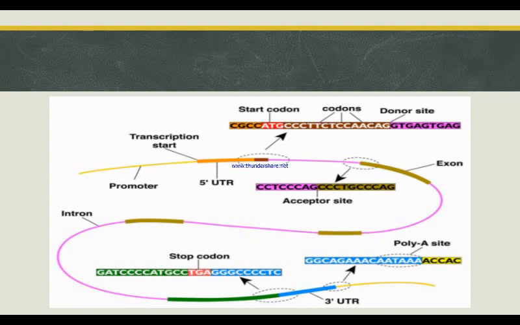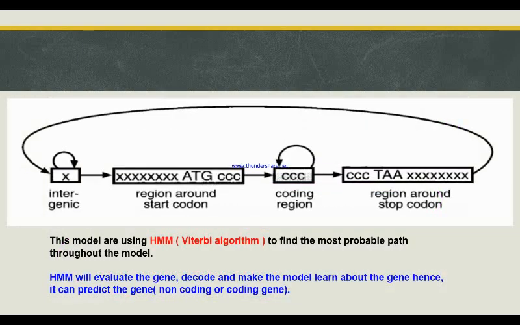How is it applied? This is an example of how gene prediction is applied by using HMM. Here we see that this model is using HMM, with the Viterbi algorithm, to find the most probable path throughout the model, in which HMM will evaluate the gene, decode, and make the model learn about the gene.